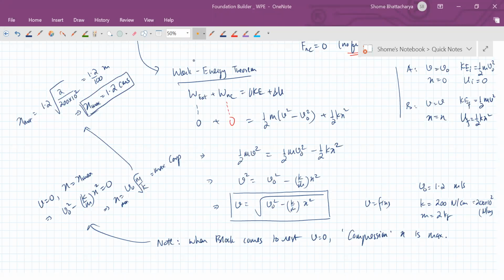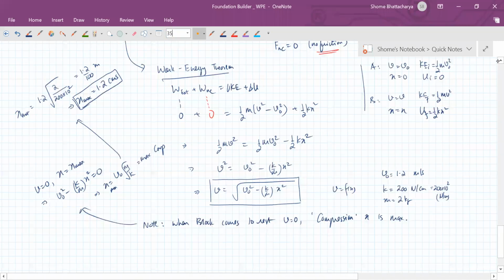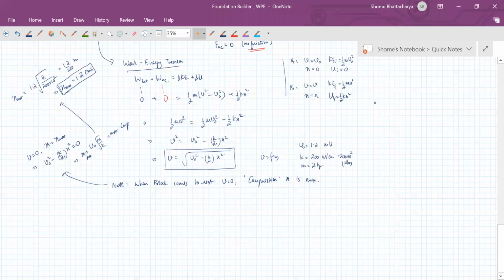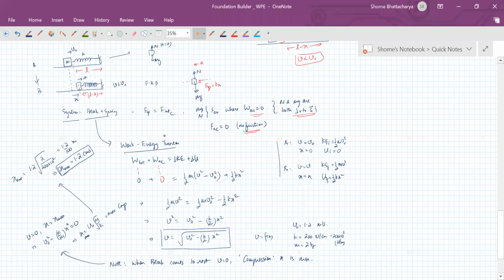Yes, Anjali, I'll scroll up. Now, the last part of the question, we also have to find the acceleration of the block when the spring has maximum compression. Okay. So this is here the application of work energy theorem, which is giving us the relation between V as a function of X, this one.